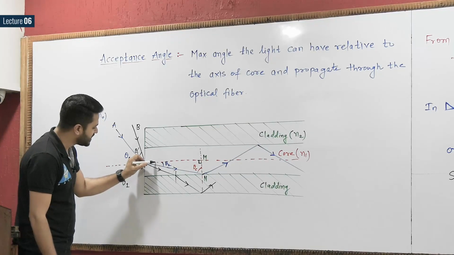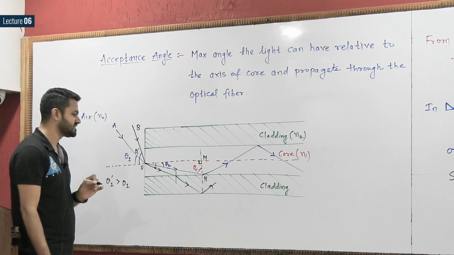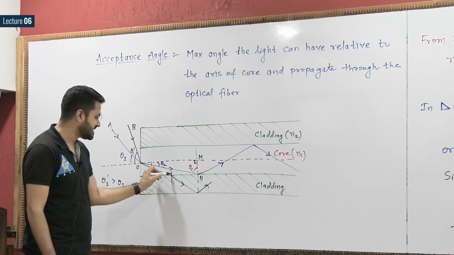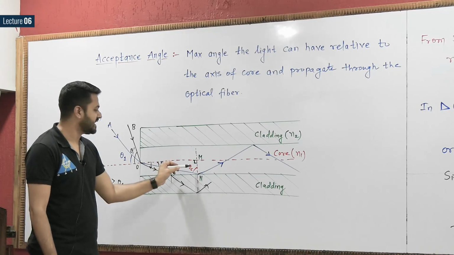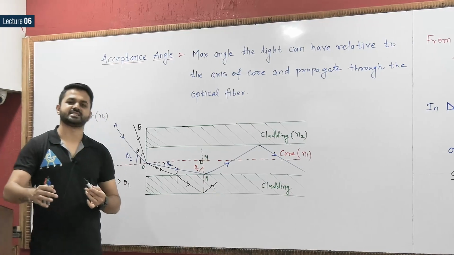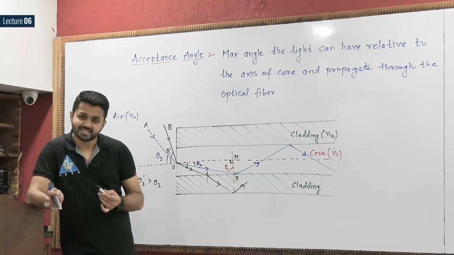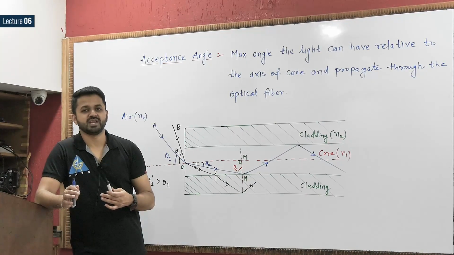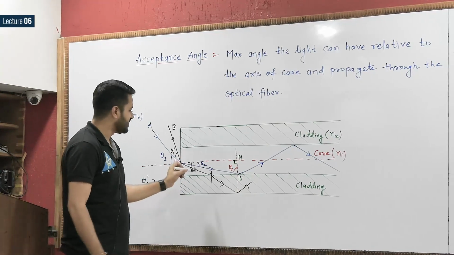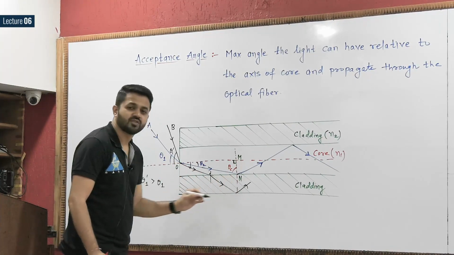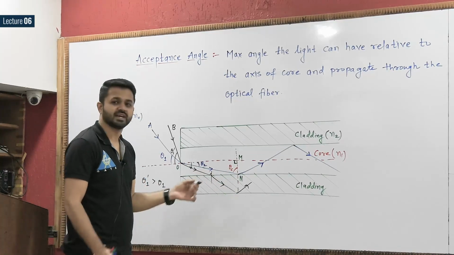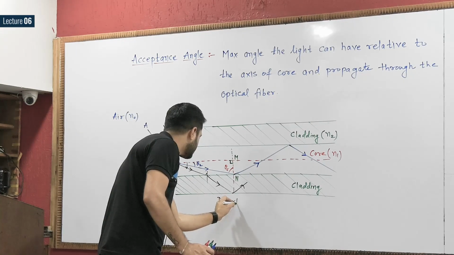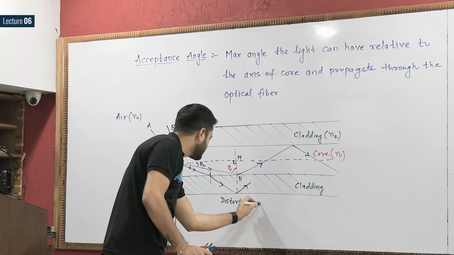So this theta 2 also increases, and when this theta 2 increases, the critical angle decreases. So the angle of incidence here is going to be less than theta c, and if the light is making an angle less than the critical angle, then it will propagate to the next medium, it will not be totally internally reflected. So if it is not totally internally reflected, then what will happen? It will travel down to the cladding and it will be distorted somewhere in the cladding.